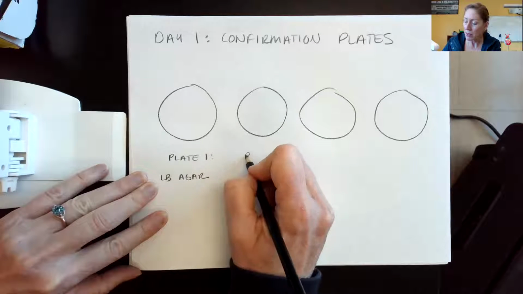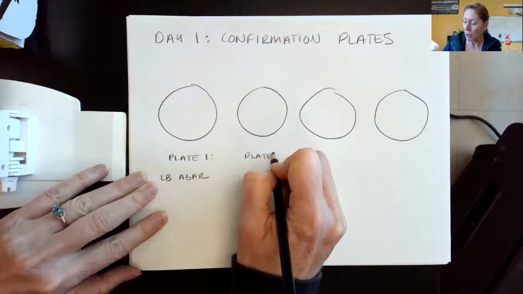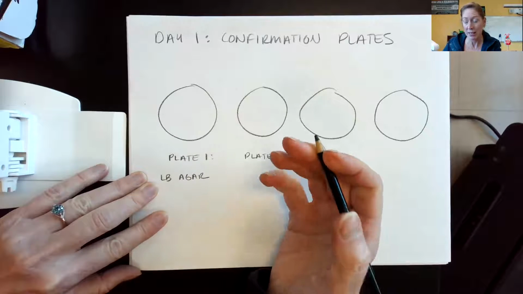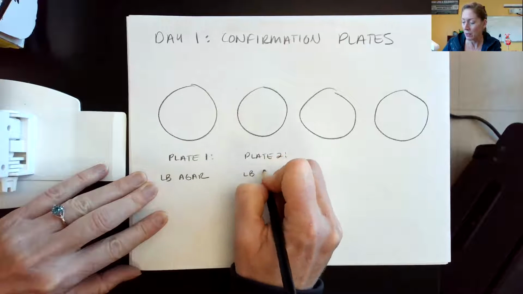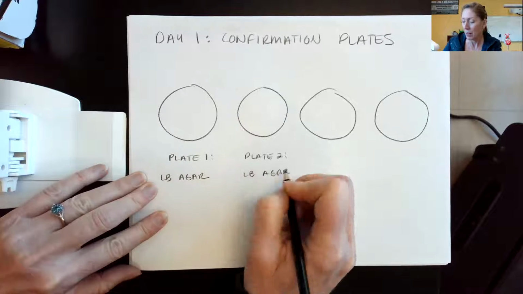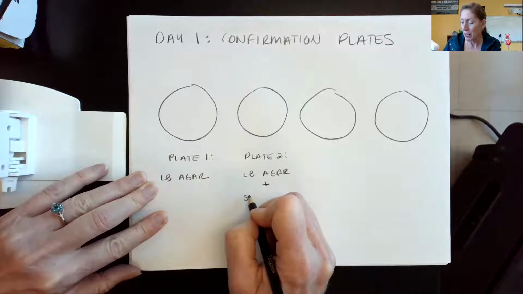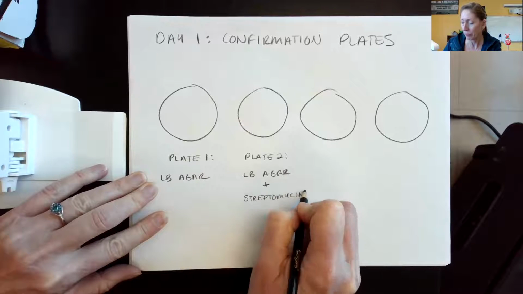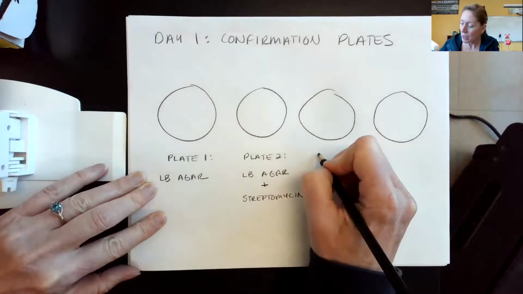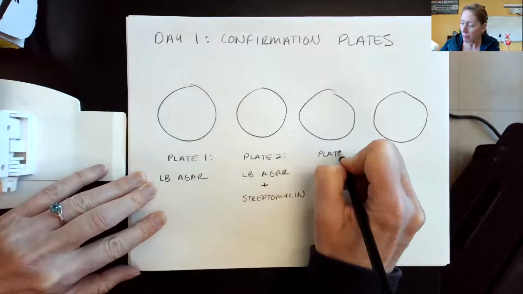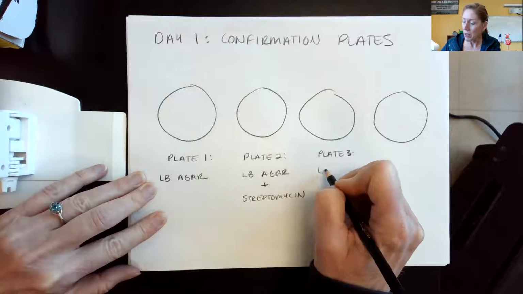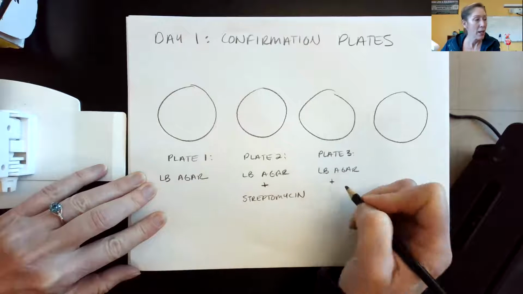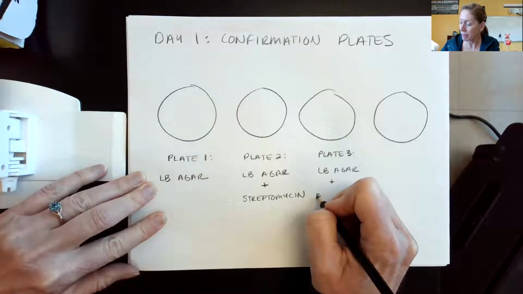The second plate, it's going to have Luria broth agar, but we will also add streptomycin, which again is an antibiotic. So it's got LB agar plus it's got streptomycin. Okay, plate 3, it's going to have LB agar in it. And it's going to have ampicillin.